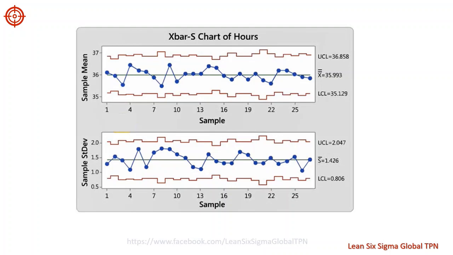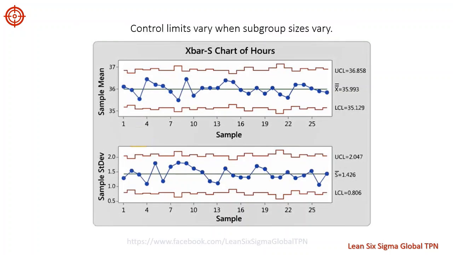Let's look at the S and X bar charts for the processing data on a combined X bar and S chart. When subgroup size varies, the control limits associated with those subgroups vary as well. For larger sample sizes, the control limits are tighter, but for smaller sample sizes, the control limits are wider.